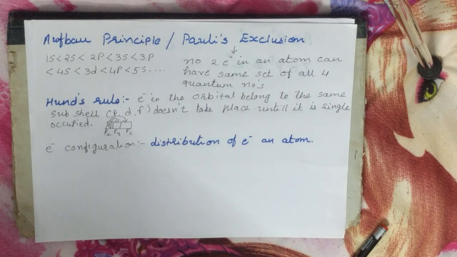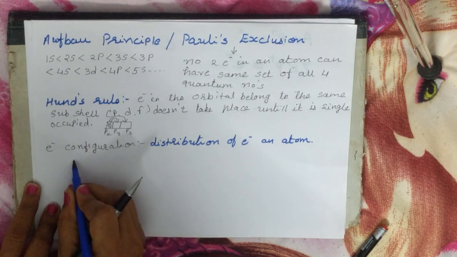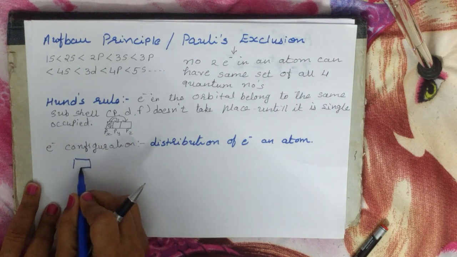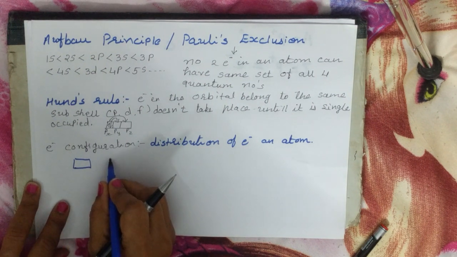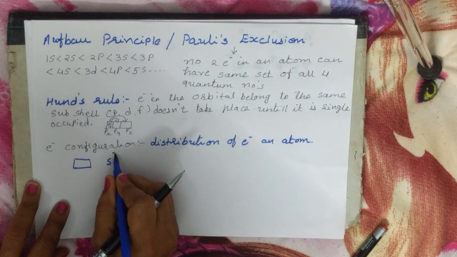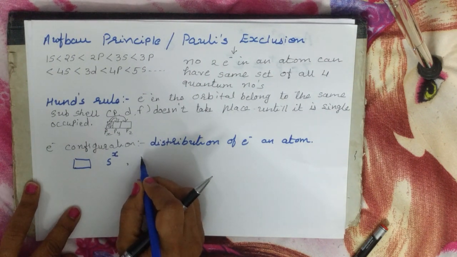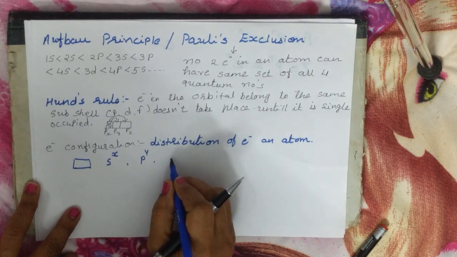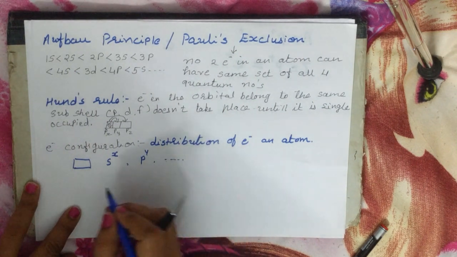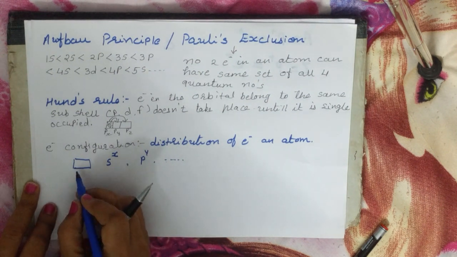We can represent this electronic configuration in two different ways. Suppose we can write it as, for example, Sx, and in the same way for py, with such notation we can denote it. And the other is the orbital diagram.